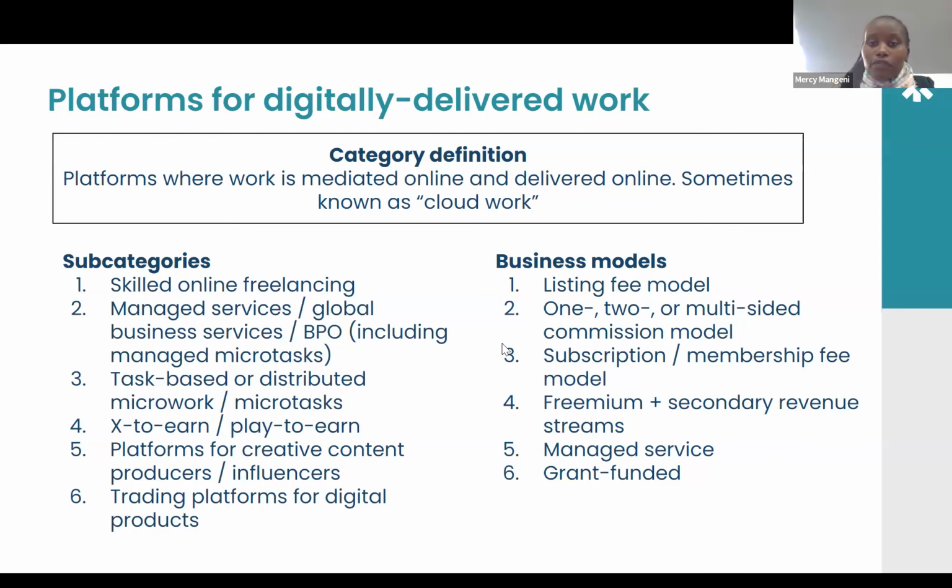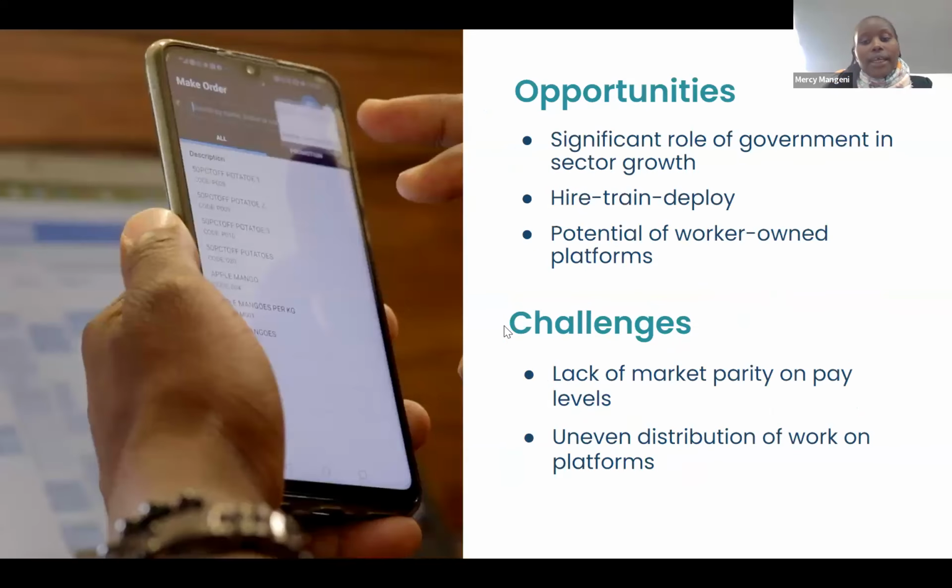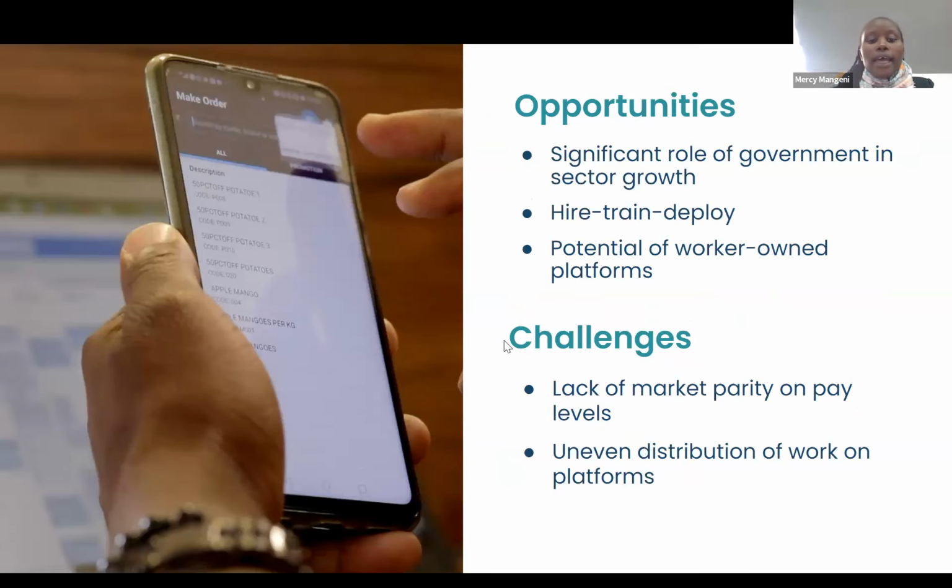Now, again, there are different opportunities and challenges within the sector. The first one that I could highlight is the significant role of government in the sector. I think what different governments are realizing is the potential for digitally delivered work to deliver work for unemployed youth, particularly in Africa.